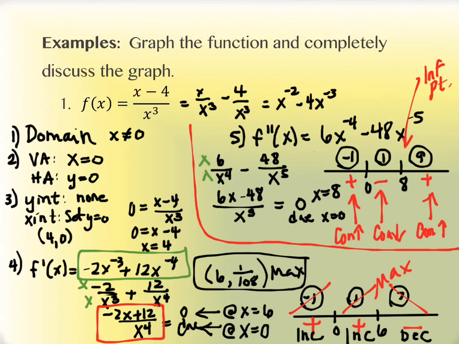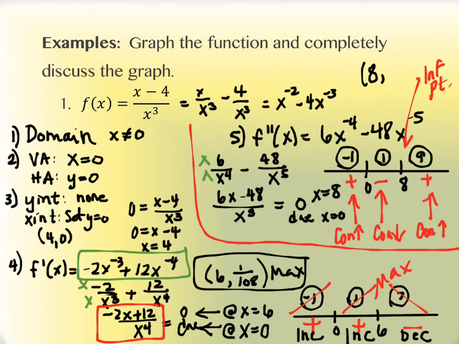In fact, let me go back and let's write this out. We didn't write the ordered pair that's the inflection point. We have x equal to 8. How would I find the y value? The original equation. So the original equation would give me 8 minus 4, or 4 on top. What's 8 cubed? What'd you get, Shannon?